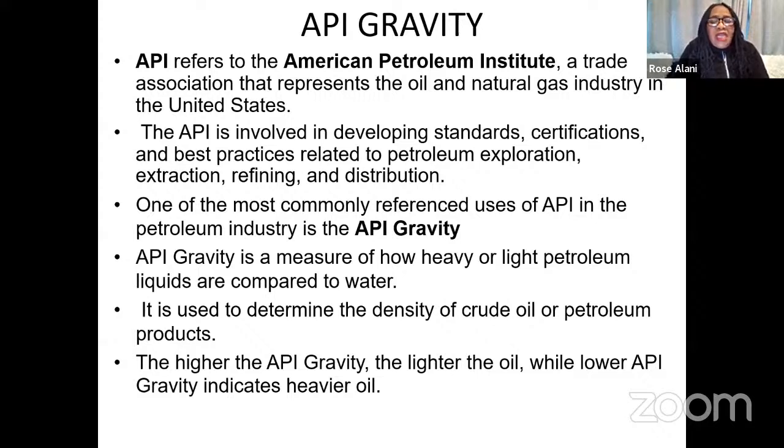In this case, the higher the API gravity, the lower the density. And the lower the API gravity, the higher the density of the oil. So lighter oil has higher API, whereas heavier oil has lower API.